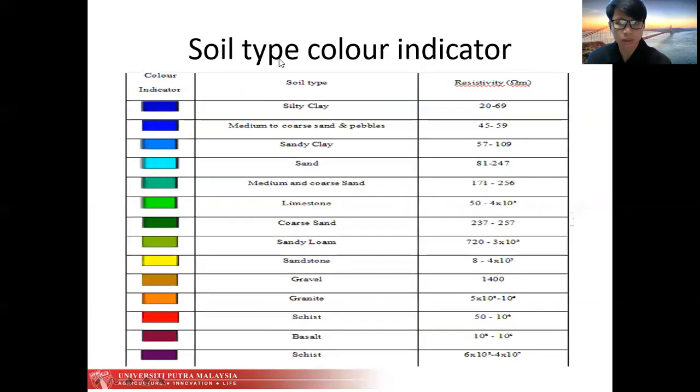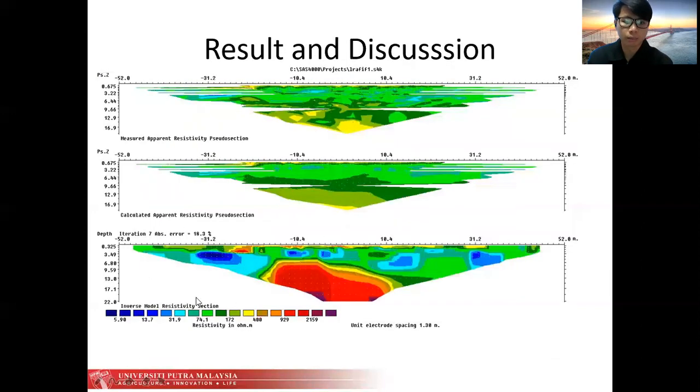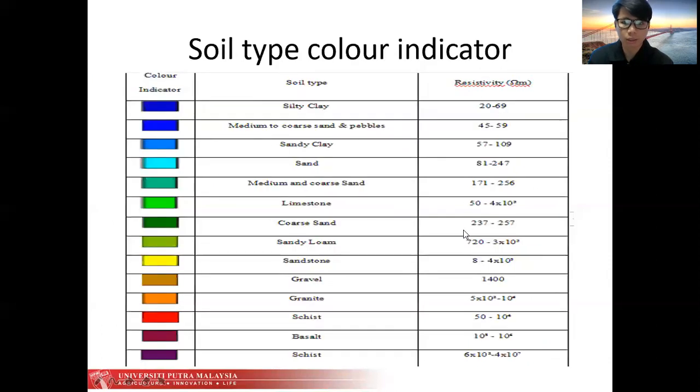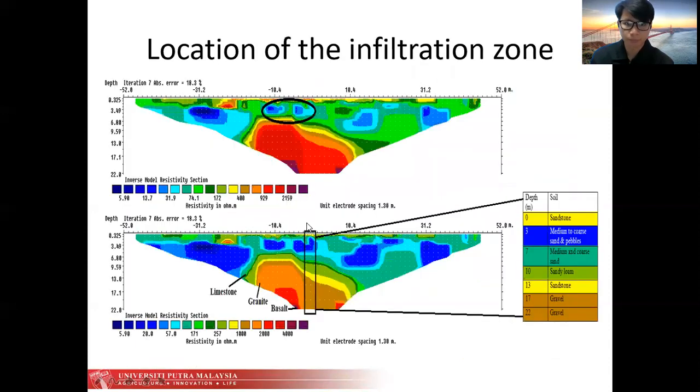This is the color indicator for the resistivity, and I got these resistivity values from a previous study. From this color profile, I arrange the 2D image. The image at the upper layer is the before-ranged image, and below is the 2D after-ranged image.